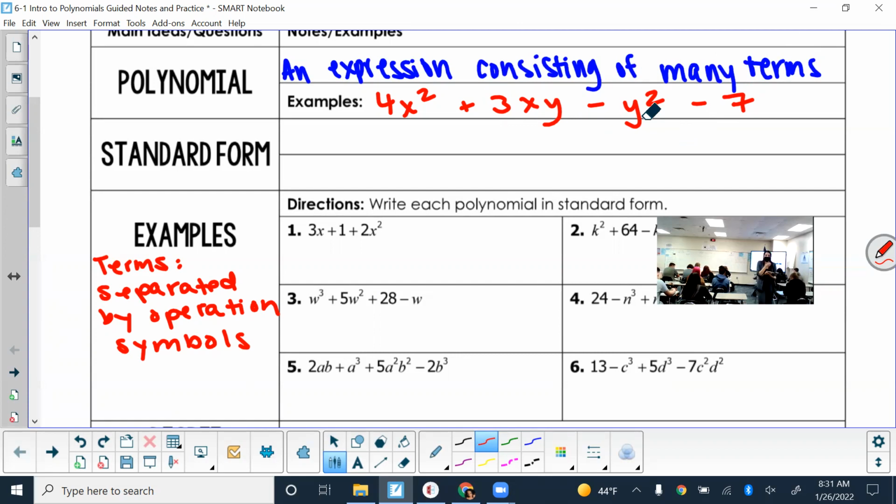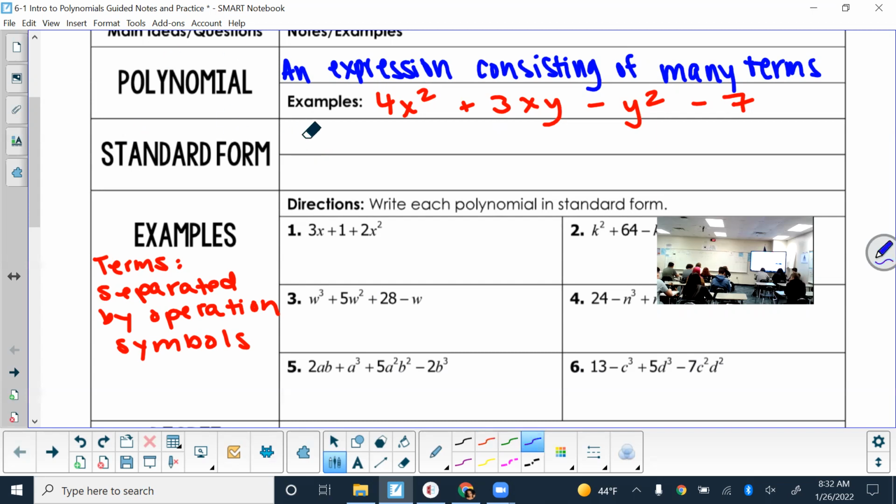So that's just one of tons of examples I could give you, but that's what polynomials are. They have many terms. You need to be able to write polynomials in what's called standard form. So like on your test, it might say, solve this and write your answer in standard form.